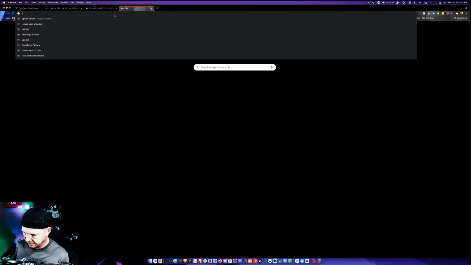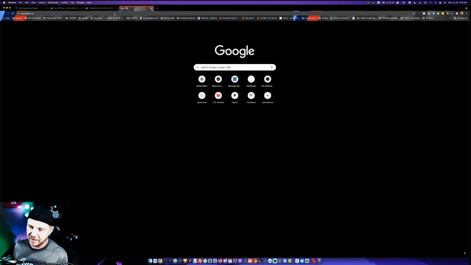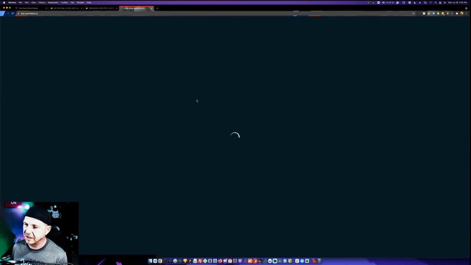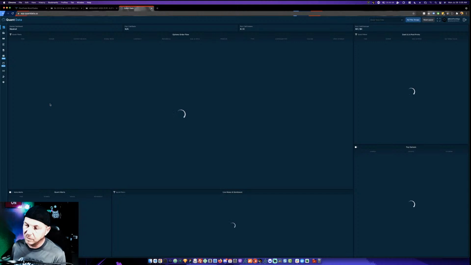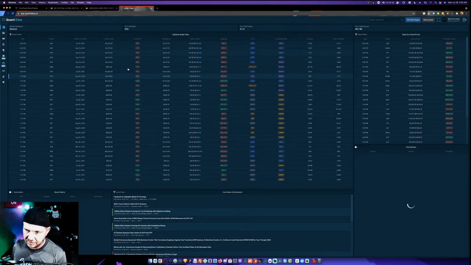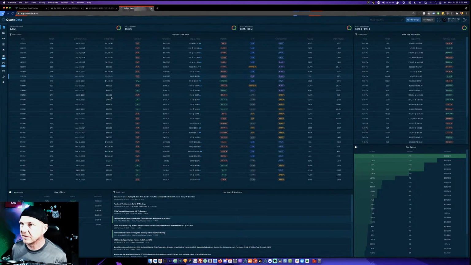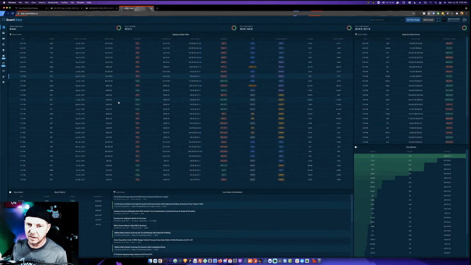I know that other services, like let's say Quant Data, for example, which is another great options flow specific service. They track options flow, right? Whereas FlowTrade tracks the algorithm, what smart money is actually doing in real time. Quant Data, Black Box, Flow Algo, all those companies are reactive. They're just reporting the orders that are happening at that moment.